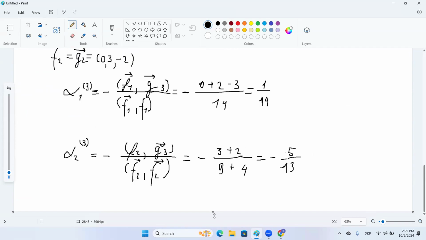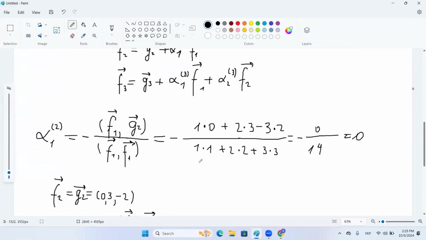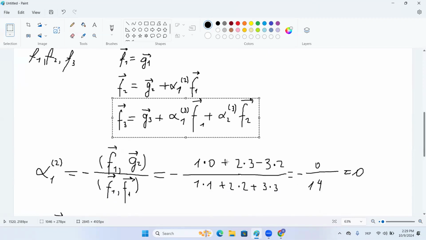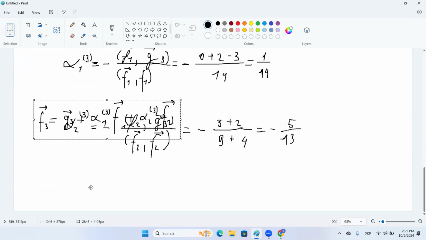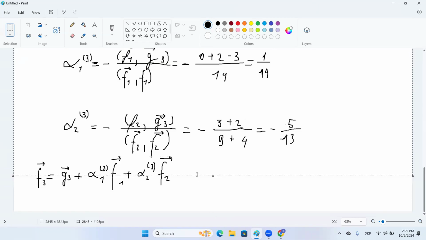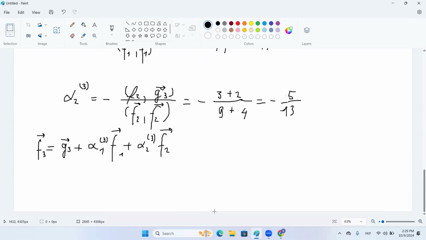So the f3 vector coordinates. Let's copy and paste this formula. So now the board becomes, so we need more and more space on our board.